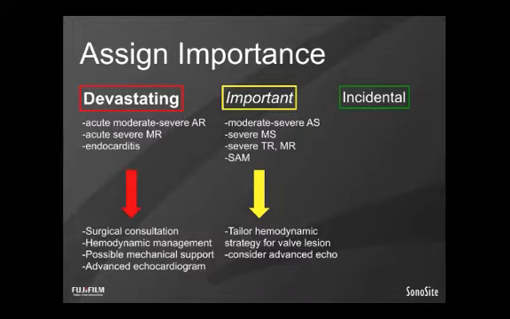These are all very important things and more advanced hemodynamic considerations. And if you don't have an advanced echo skill set, you may wish to employ one in a semi-urgent fashion. Incidental would describe all the other lesions not described here, and in general, no immediate action is required.